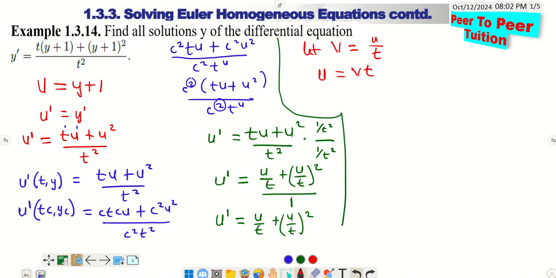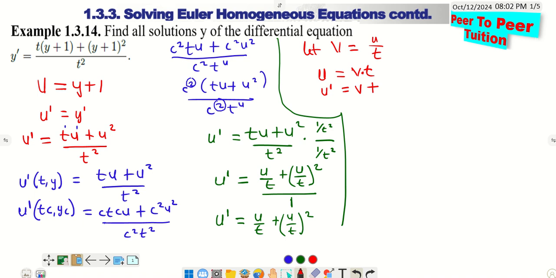Then I can differentiate u with respect to t. If I differentiate u with respect to t, I'll get u prime should be equal to, now remember these are two variables, so I'm going to apply the product rule. I will hold v and differentiate t. If I differentiate t with respect to t, I'll get 1. So I'll get v multiplied by 1, which is v, plus I'll also hold t and differentiate v.